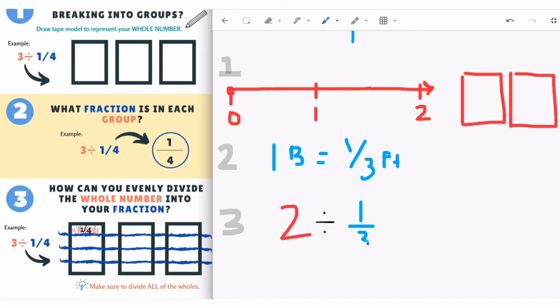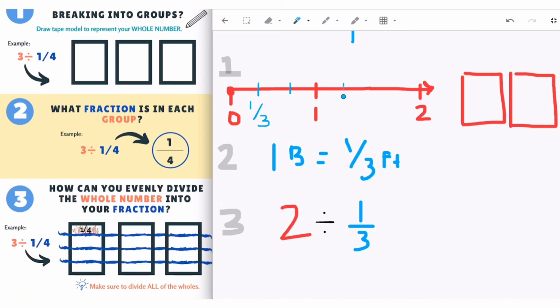So let's look at the model. How many groups of 1/3 can I take from this 2? Use the number line or use these rectangles. First, I'm going to find 1/3 on the number line. So if I take 1 and I divide it into 3 parts, I can find 1/3 right here.